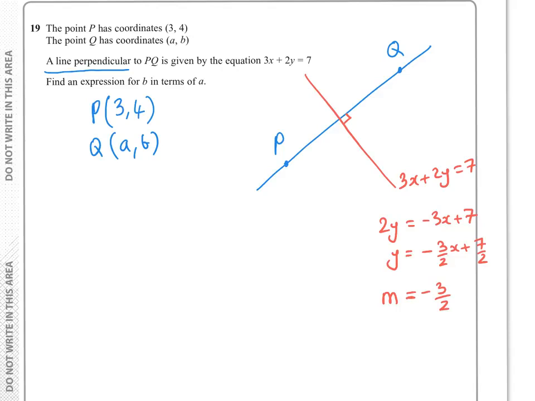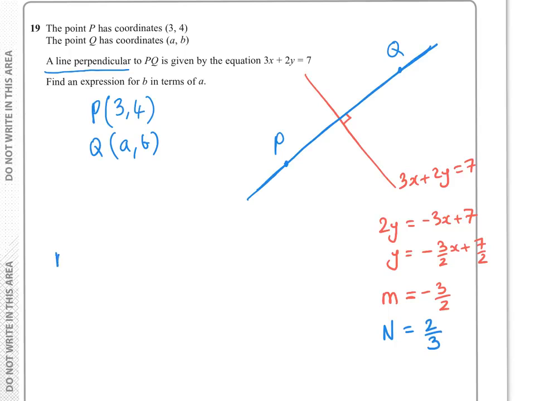So that means that the gradient of the line PQ, which is at right angles to 3x plus 2y equals 7, well, I'll call that n for normal because it's at right angles to it, must be the negative reciprocal, so it must be 2/3.